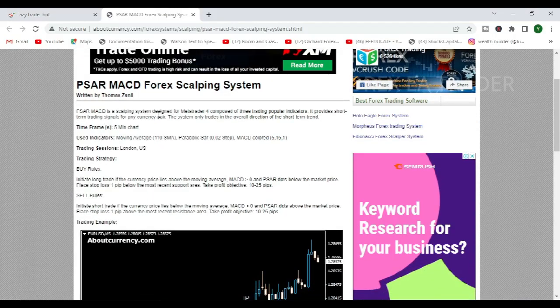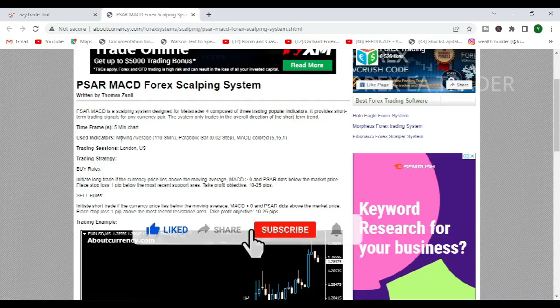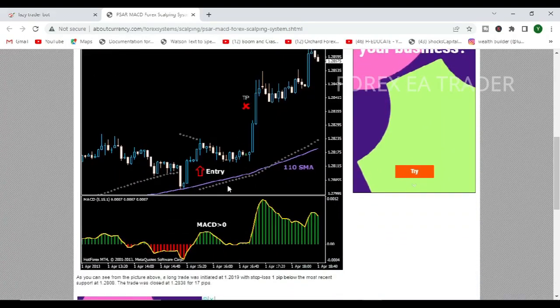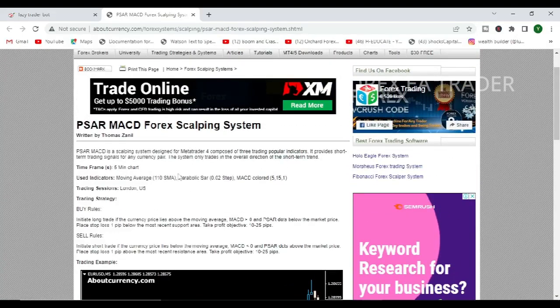It's designed for MetaTrader 4, and uses three popular trading indicators. It provides short-term trading signals for any currency pair. So you can basically use this strategy for any currency pair. That's what he says. And the system only trades in the overall direction of the short-term trend.